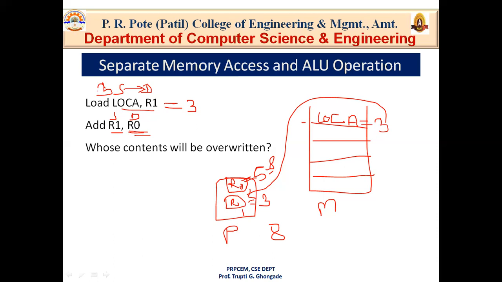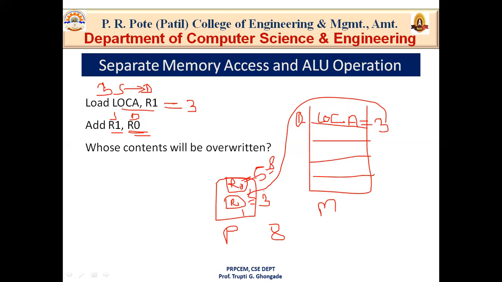The transfer between the memory and the processor is started by sending the address of the memory location to be accessed to the memory unit. For example, now the processor has to fetch data which is stored at memory location 1. So this location 1 is given by which register? Memory address register.